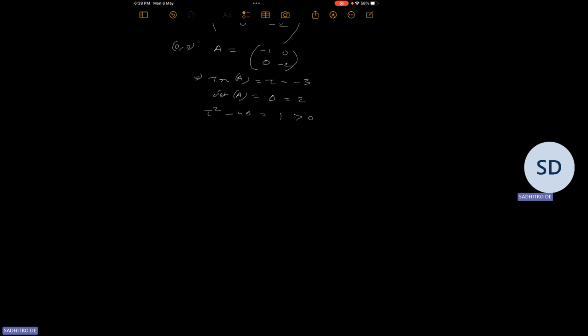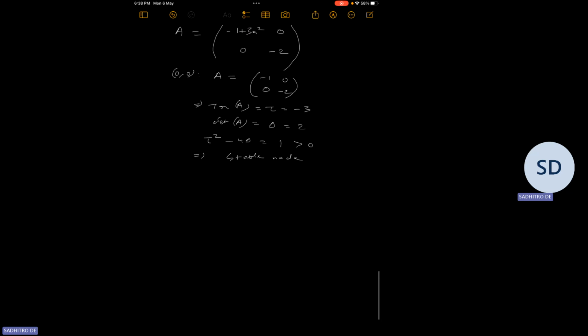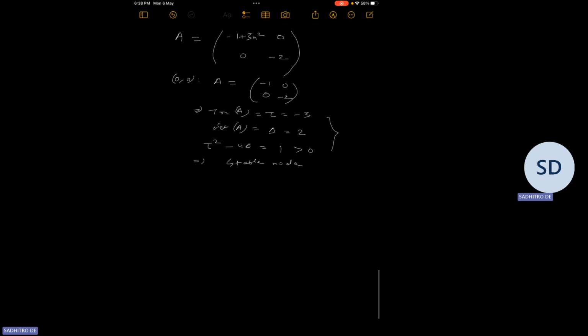So the fixed point at the origin is a stable node. If you remember the previous class, this part of the analysis comes from the linear stability analysis which we had done in the previous lecture. So this tells us that the origin is a stable node.